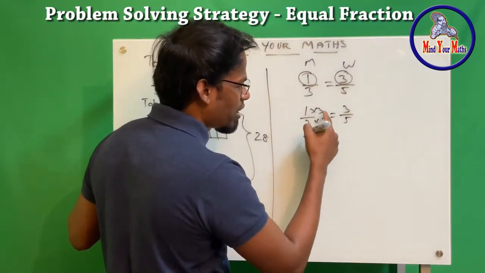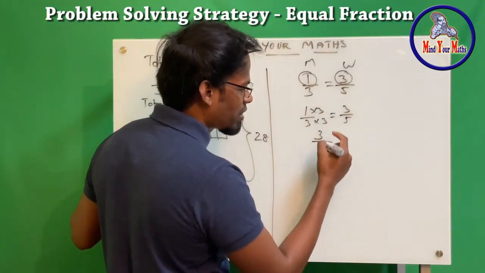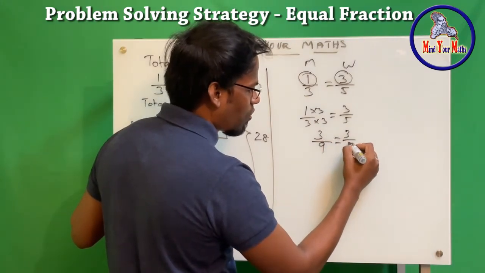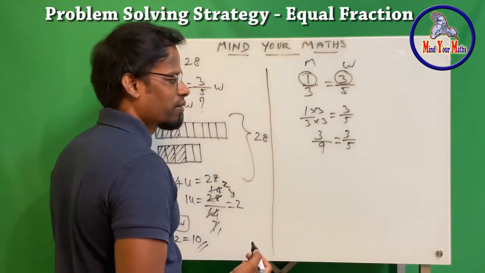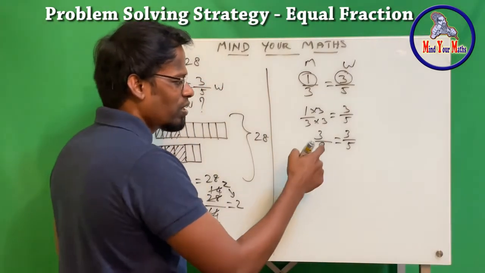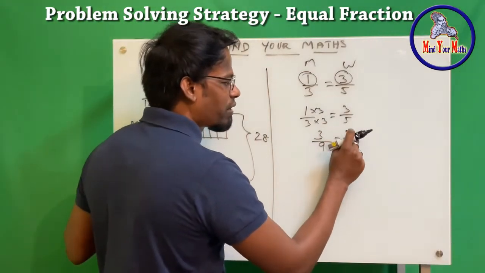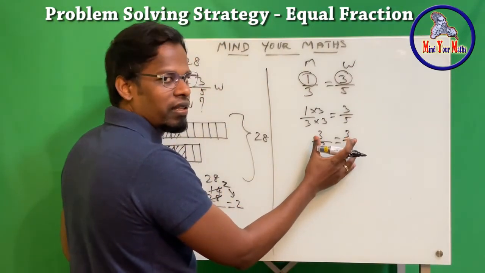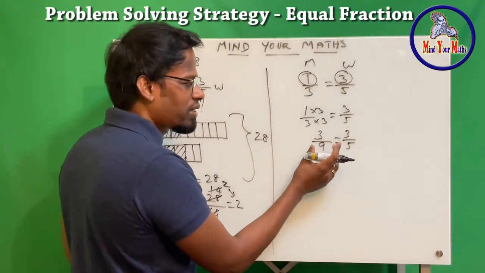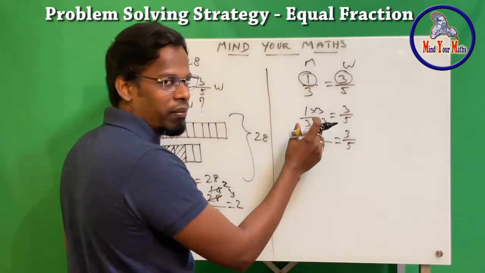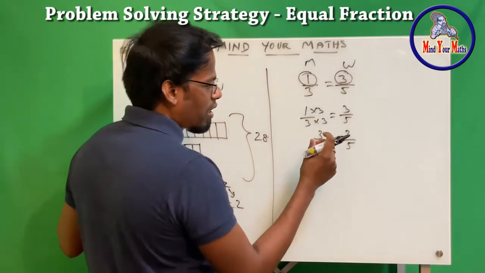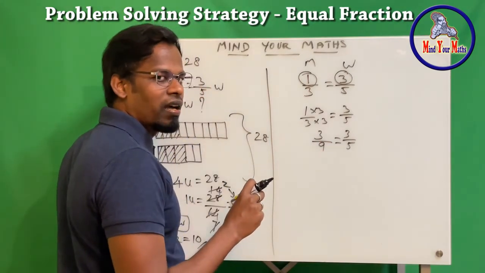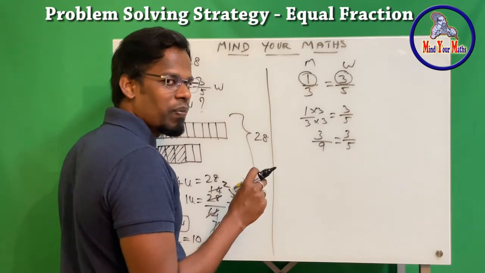Okay, so now let's multiply it and simplify. 1 times 3 is 3. 3 times 3 is 9 equals 3 over 5. Now because in the numerator both the values are now the same, which means we have made the size of each unit the same. So now you tell me what is the total number of units.